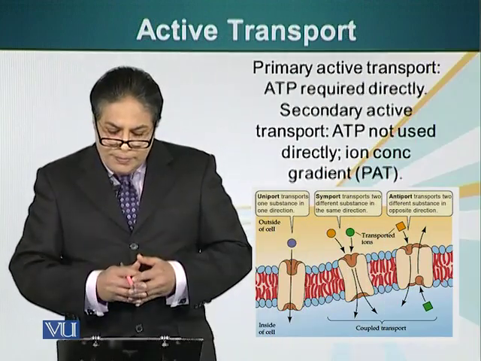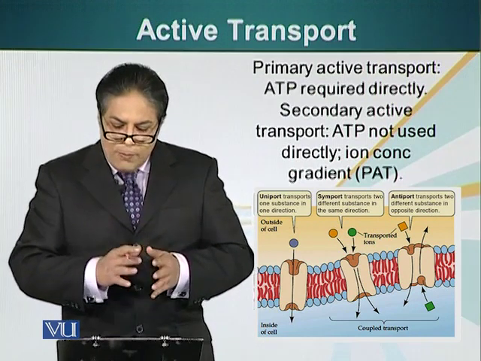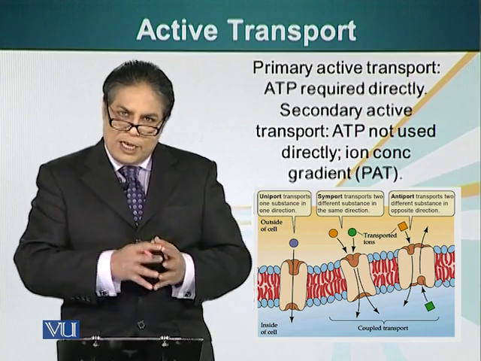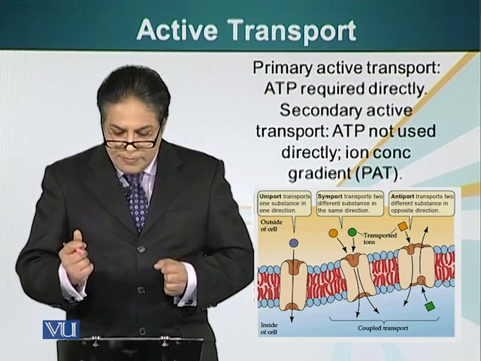I would also like to mention that there are two types of active transport. Primary active transport, in which a molecule is moved across the plasma membrane using the energy from ATP hydrolysis.